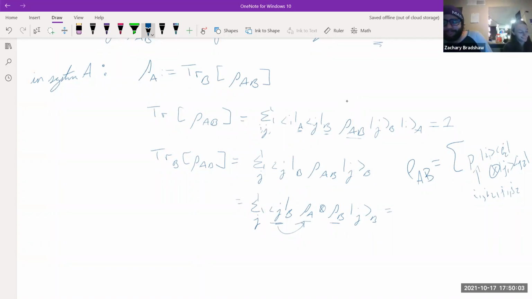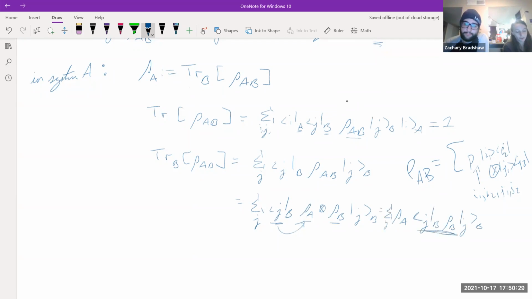Okay, so anyway, when you do this, row A just pops out because it's not being affected by any of the operators here. You'll have row A, and then you'll have the trace of B on row B. Got my summation here.